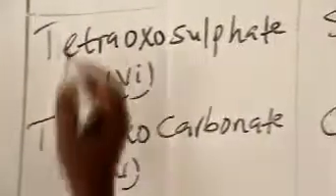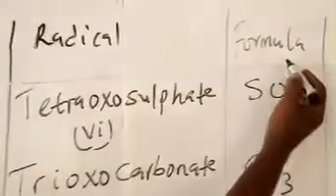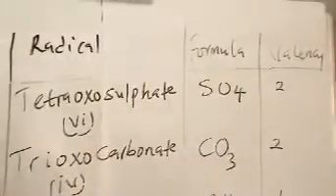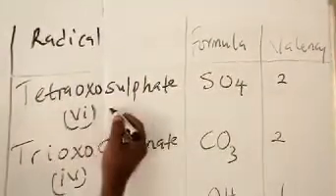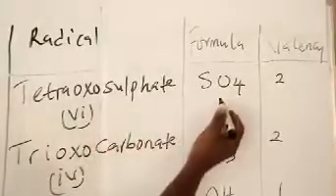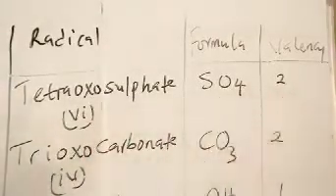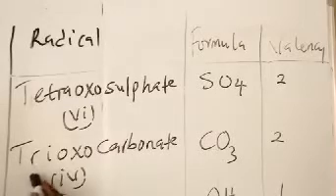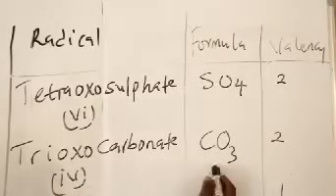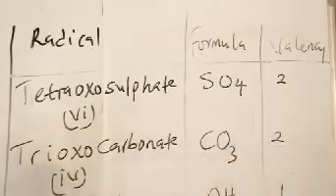Here we have the radical, formula, and valency. Here we have tetraoxosulfate 6, SO4, the valency is 2. We have here trioxocarbonate 4, CO3, the valency is 2.